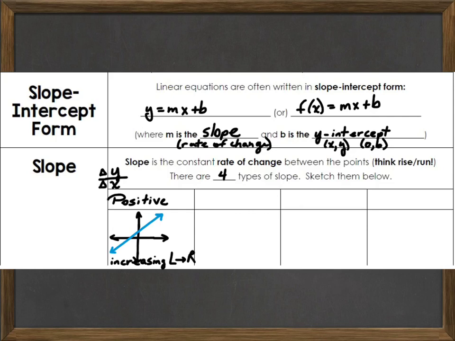Then one other slope is a negative slope. If you draw your x and y axis and put the line on the graph, it looks like this.